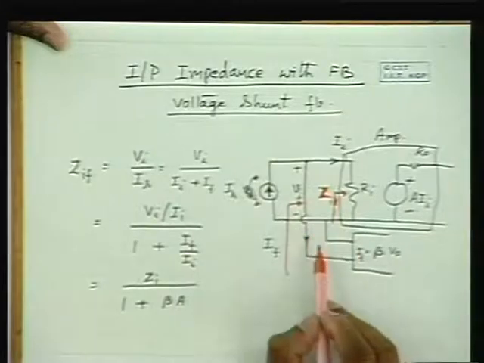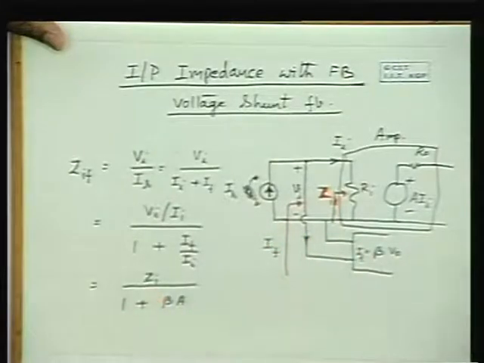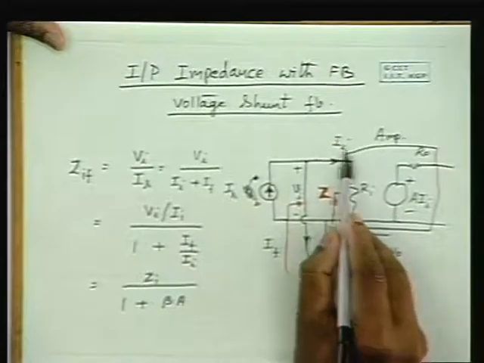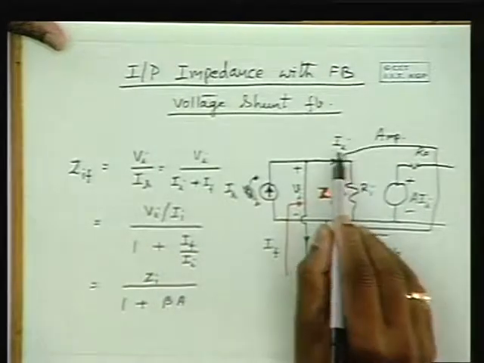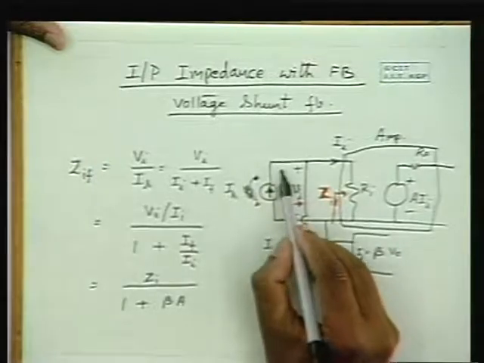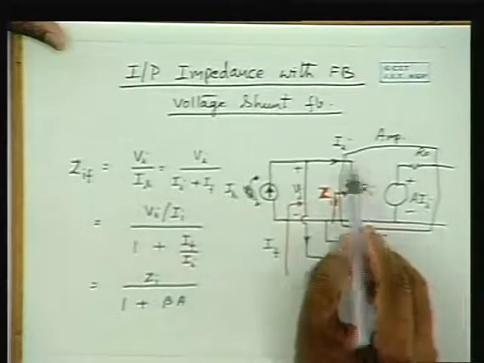Whereas in series feedback, the input impedance is increased by 1 plus beta A times. Why is it so? For a particular amount of input current that the amplifier draws, because of negative feedback it actually draws more current from the source.